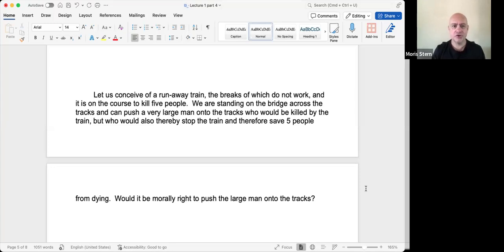We are standing on the bridge across the tracks and can push a very large man onto the tracks, who would be killed by the train, but who would also thereby stop the train and save 5 people from dying. Would it be morally right to push the large man onto the tracks?